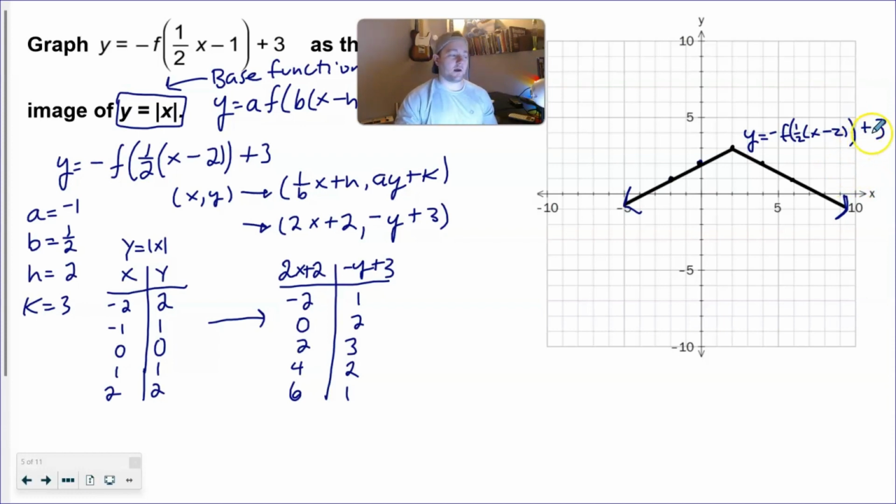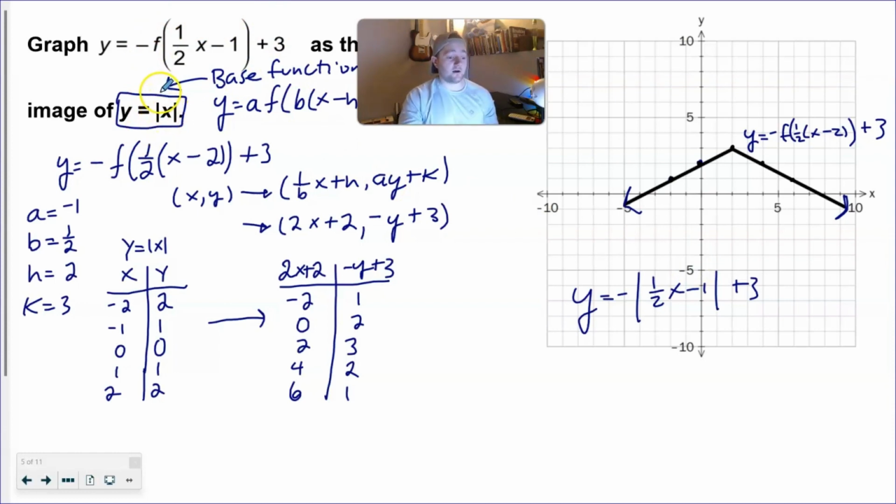Now, one thing I'll say that you might come across is that not always are you going to have that f there. Sometimes that f might be replaced with the actual function. So instead of having that f, you might actually have this: 1/2 x minus 1 plus 3. So that means the exact same thing as this. This is a general function, and then they told us to transform it using the absolute value of x.